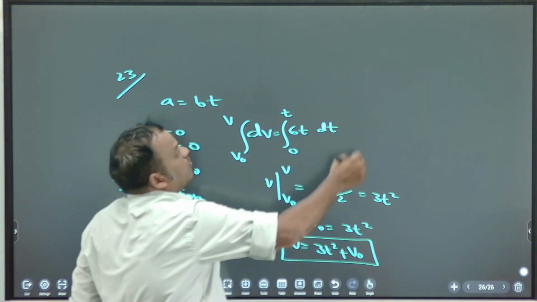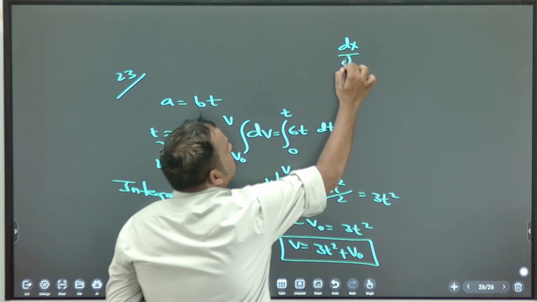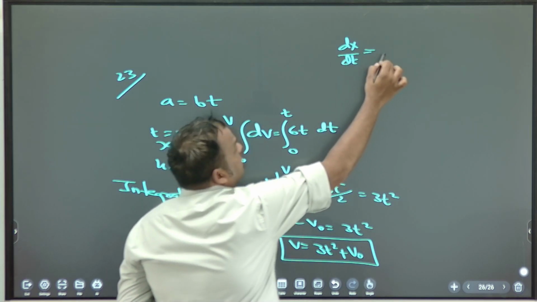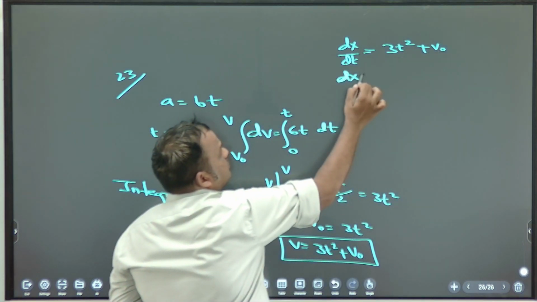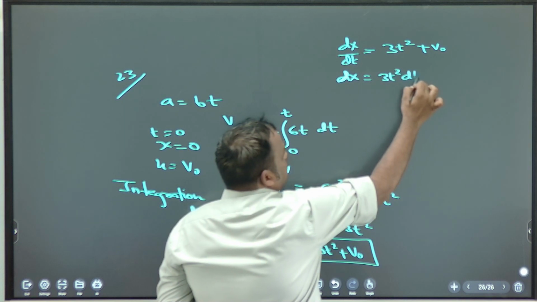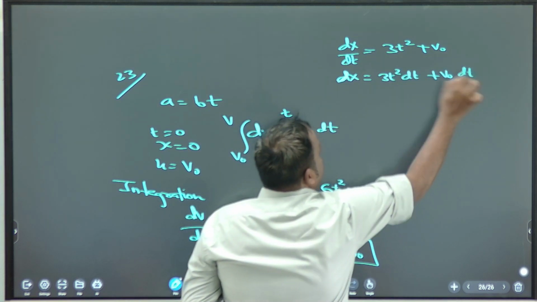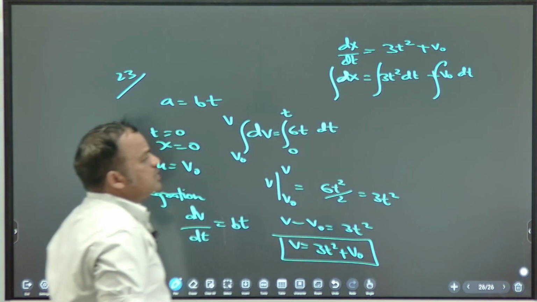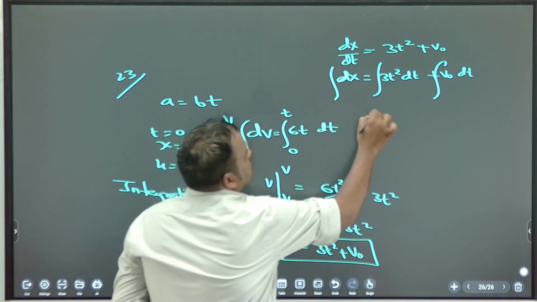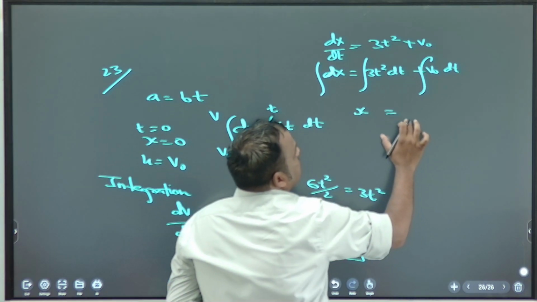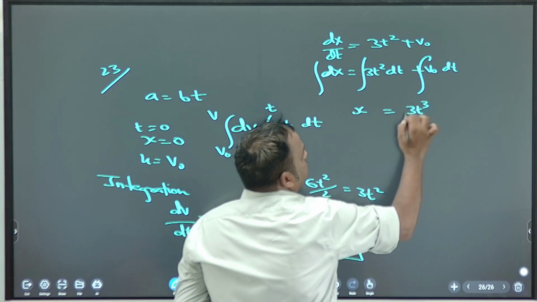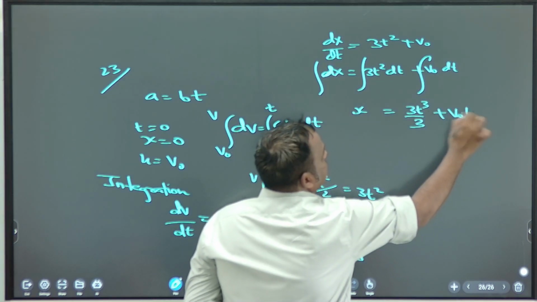Understood? Now v can be written as dx by dt. So dx by dt is 3t square plus v naught. So what is dx? 3t square dt plus v naught dt. Now integrate. What is integration of dx? X. And this is 3t cube by 3 plus v naught t.